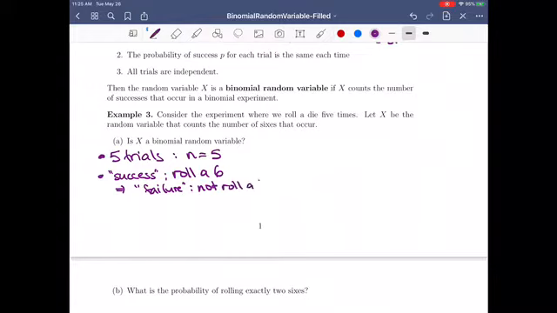It's okay that the failure has multiple ways to happen. You could roll a 1, a 2, a 3, a 4, or a 5. All of those are not 6s. But because you can group it as either you roll a 6 or you don't roll a 6, it's still a binomial trial. Each trial has 2 options, so this makes it a binomial trial.